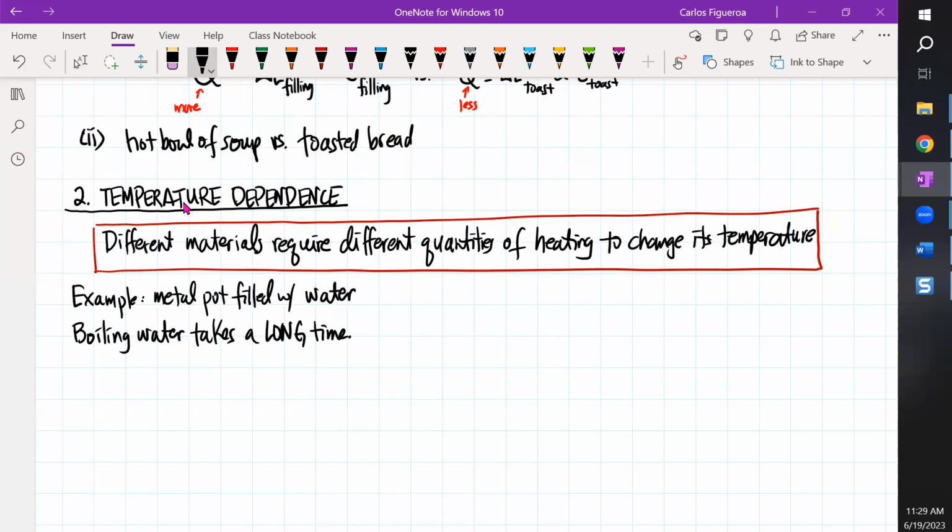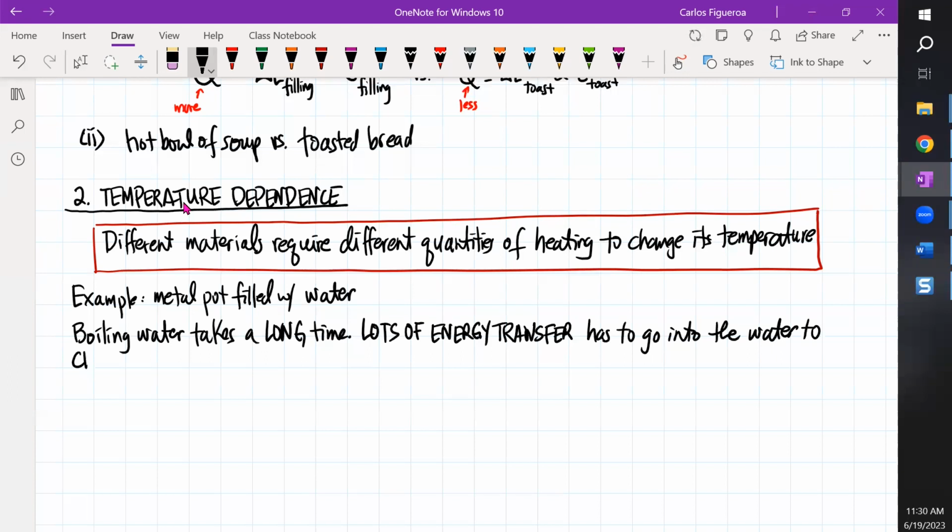So, in other words, lots of energy transfer has to go into the water to change its temperature.